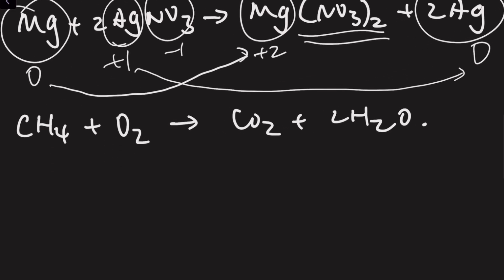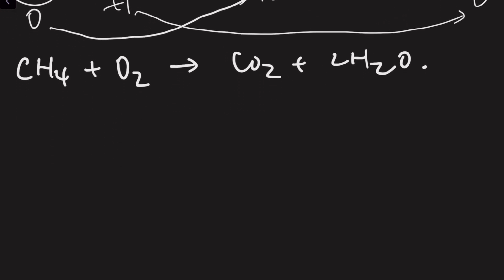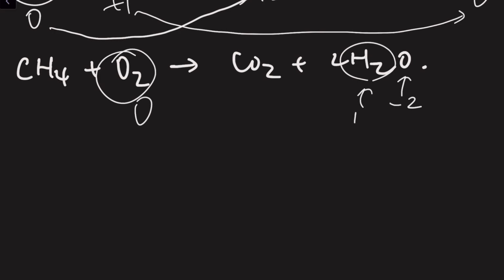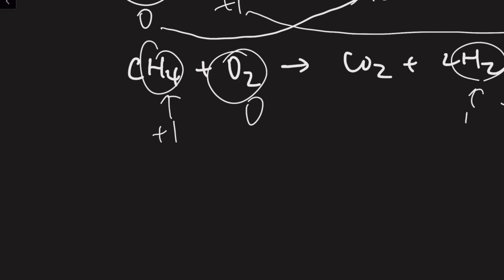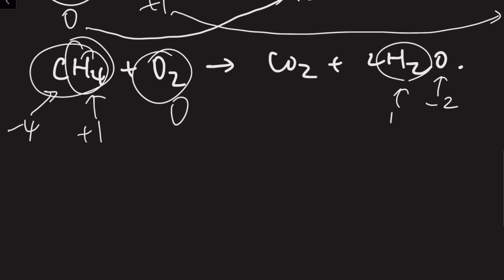A very familiar combustion reaction. Natural element 0. -2, 1. We know hydrogen has +1, and we have 4 of hydrogen, and overall charge is 0. So to balance this, we must have -4 for carbon. Here we know the oxygen is almost always -2. Overall, carbon dioxide is neutral.